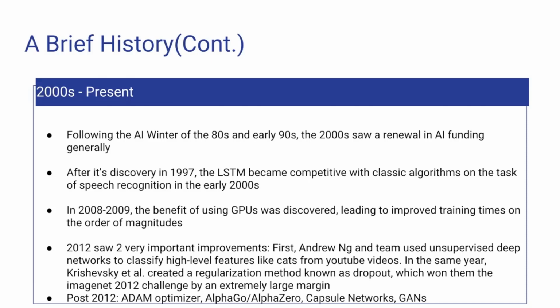And the other one was Krizhevsky et al. Hinton was a part of this paper as well. He created a regularization method known as dropout. What that is, you randomly drop out a proportion of the neurons in a layer. Let's say your dropout value is 0.4, you're going to randomly drop out 0.4, or 40%, of the neurons in that layer.